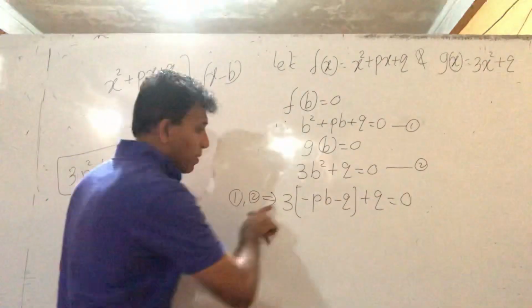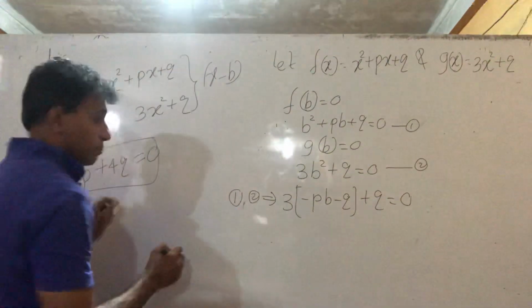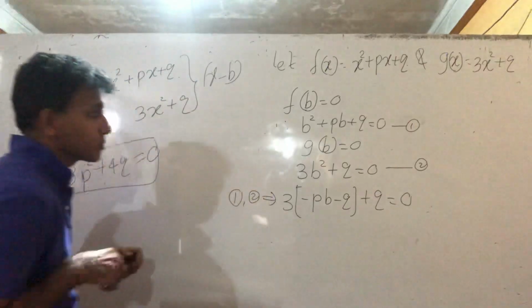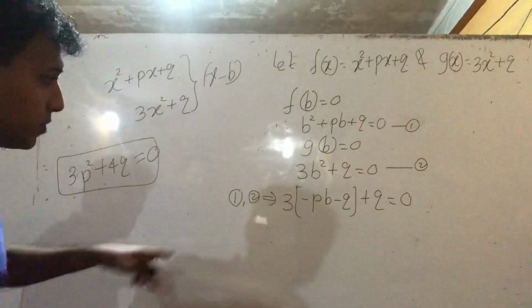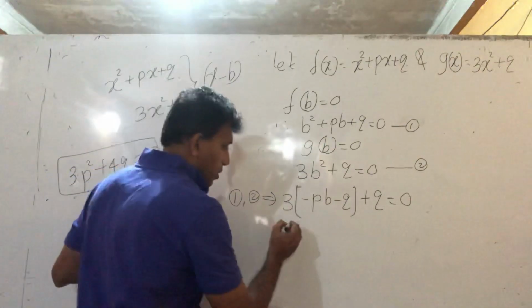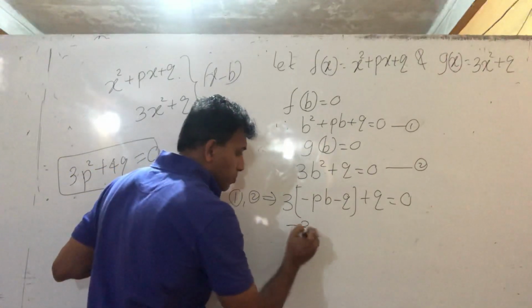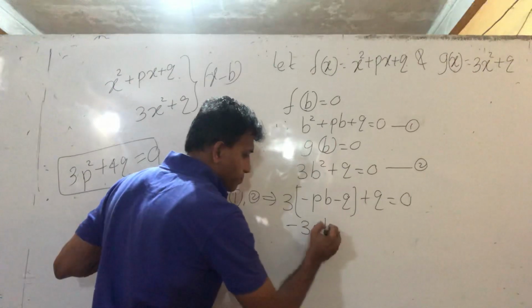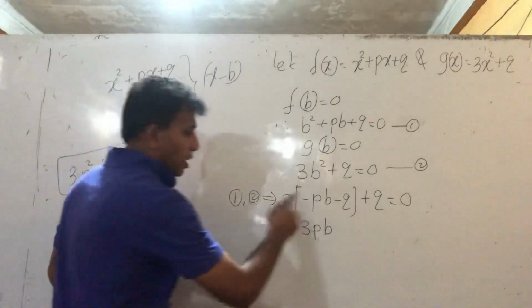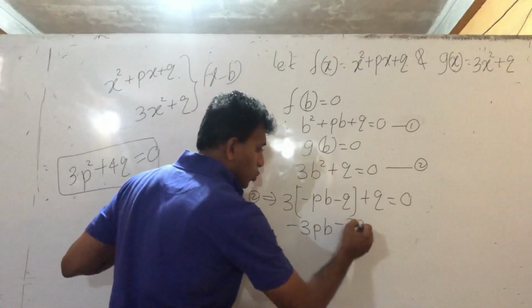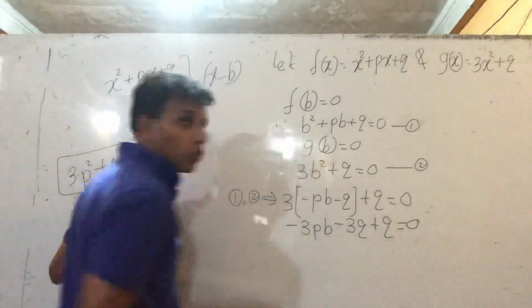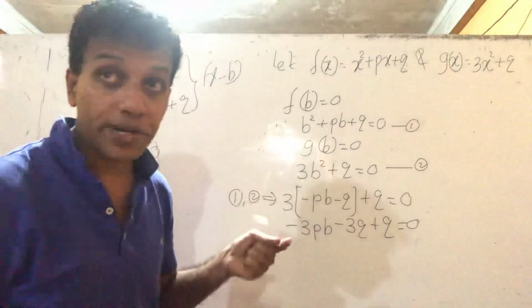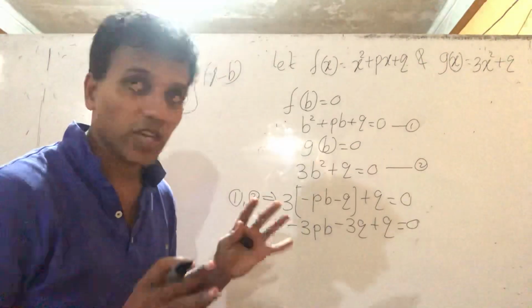So multiply by 3: b square, multiplied by 3, minus 3pb, minus 3q plus q equals, later we'll study the quadratic equation, a very big chapter.